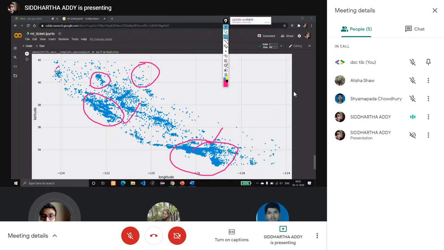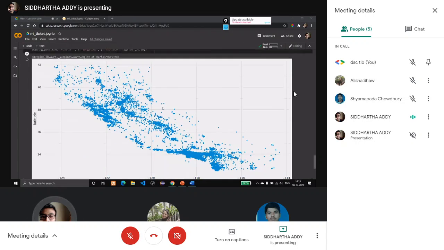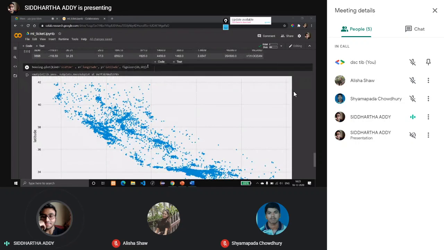So we have an idea that these areas contain more data points, and it should mean something. This is the first observation that you make. So let's continue, and let's see what happens. I am going to enhance this, and just keep in mind that it will start forming a shape.